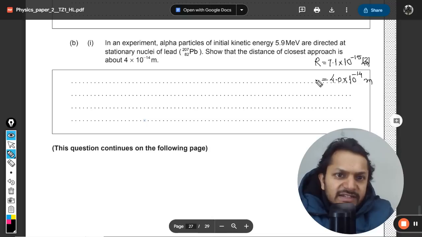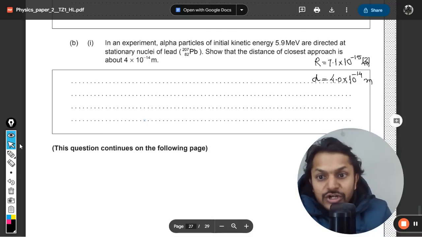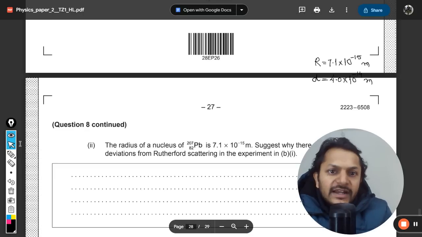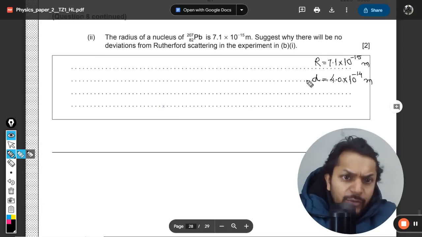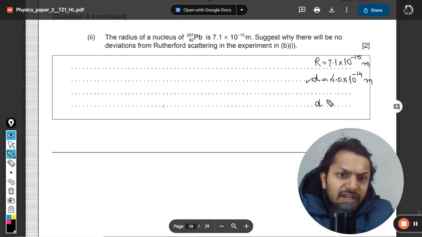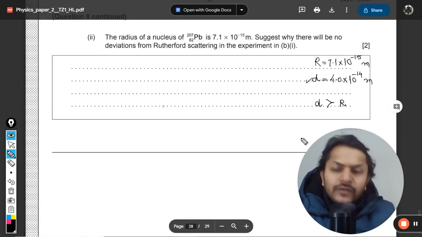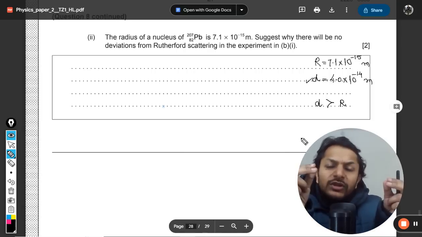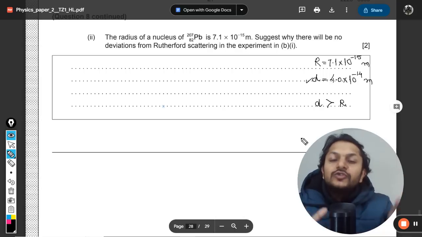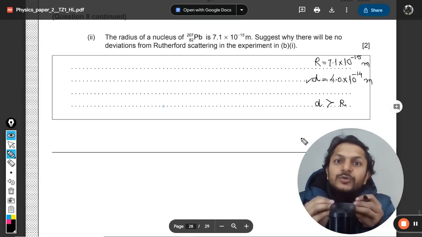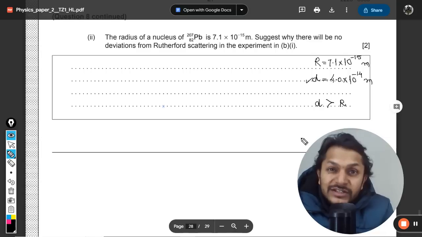Now Rutherford said that yes, it will be happening like this only. There will be a distance of closest approach which will definitely be more than the radius of the nucleus, because these two nuclei are actually not going to hit each other. They are not going to come near to each other within the range of a nuclear distance.